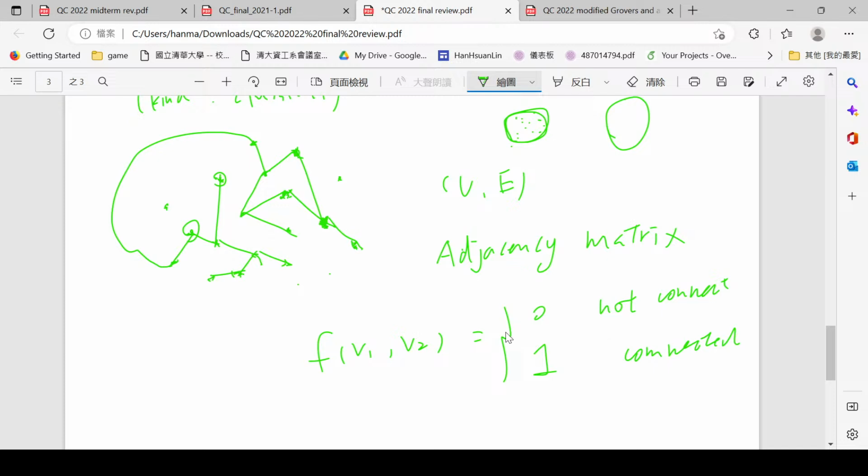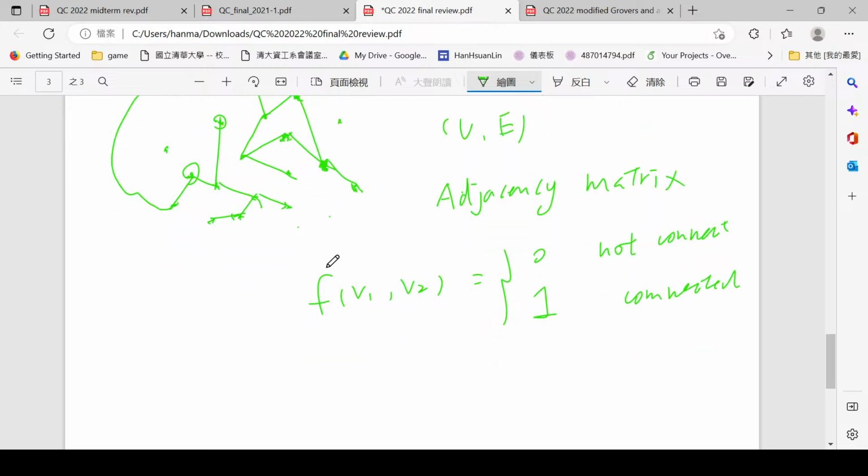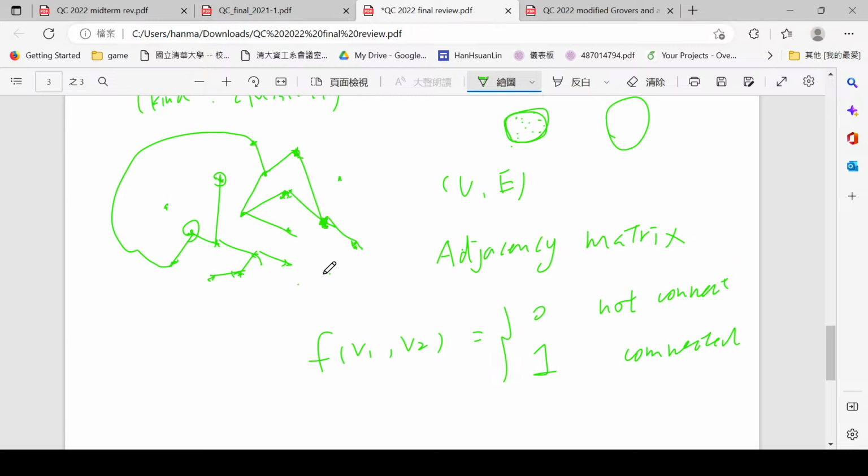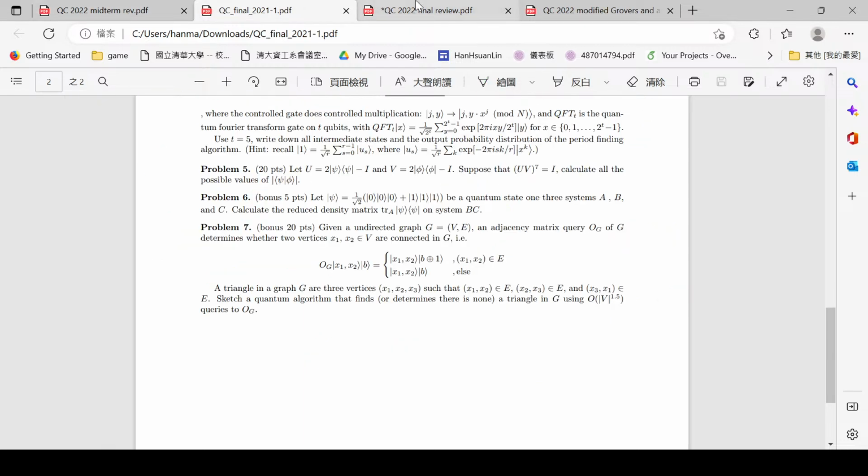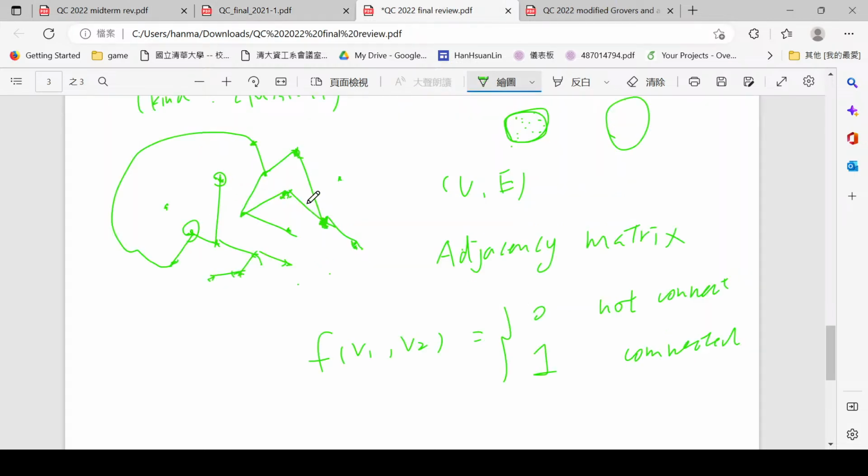With this adjacency matrix model, you can ask a whole bunch of questions on your graph. For example, how do you find a triangle inside this graph? A triangle means there are three vertices that are all connected.